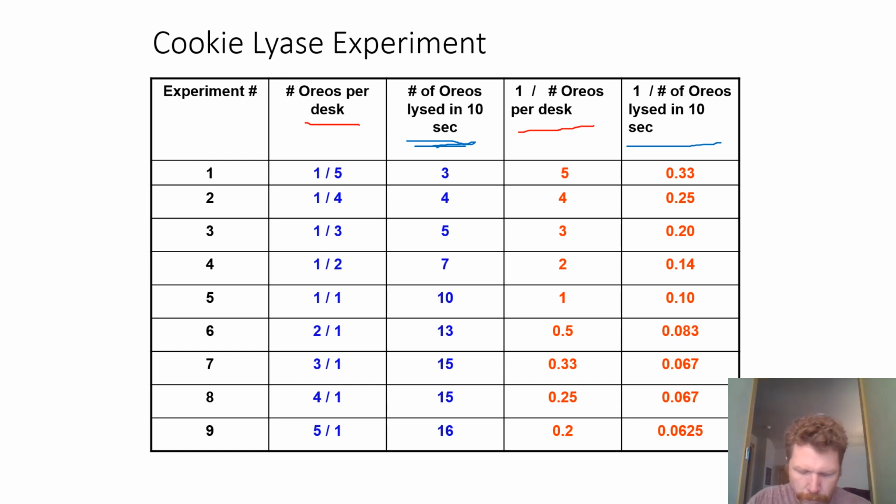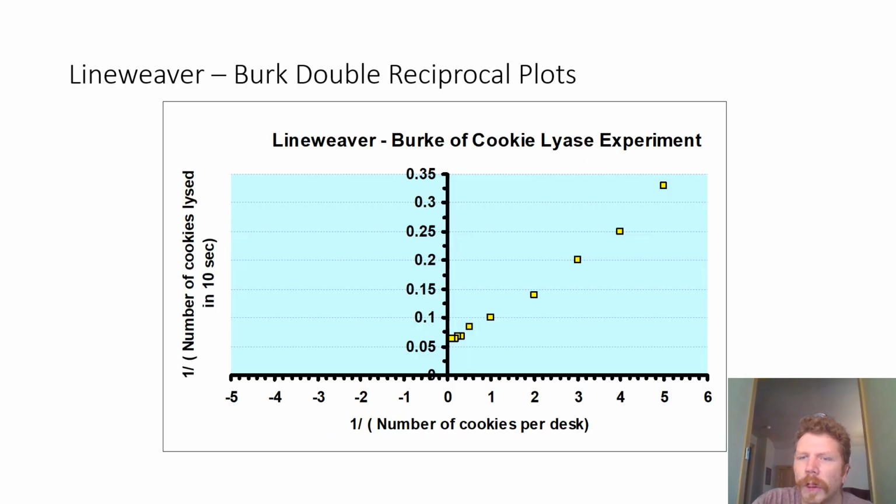Now, with that said, whenever you take all of this data that you've generated in these two columns right here, you plot it on what is known as a Lineweaver-Burk plot. What's great about the Lineweaver-Burk plot is it gives you a little bit more concrete way of calculating your Km and your Vmax. And the way that that's calculated is by your intercepts.